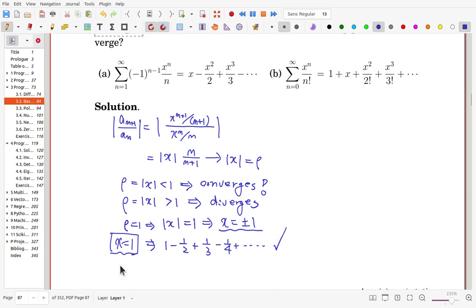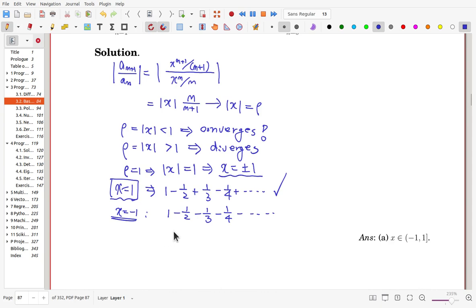Now, how about x equal to minus 1? Then the given series changes in this way: minus 1, minus 1/2, minus 1/3, and again minus 1/4, and so on.